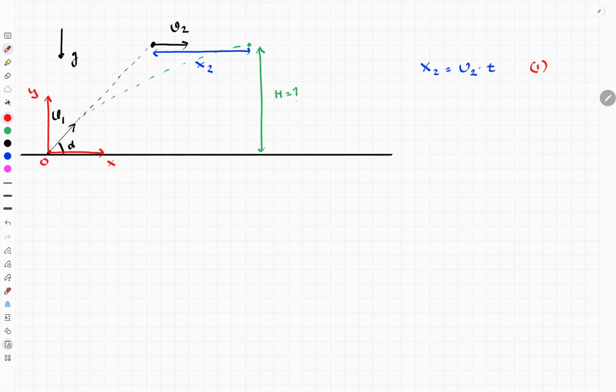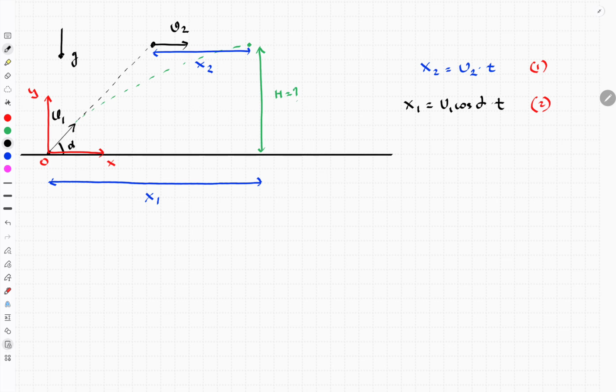Here we have a zero position, for both x and y components. This is a horizontal distance that stone needs to travel. Let's call it x1. And x1, of course, equal to horizontal component of the velocity of the stone, which is always constant, v1 times cosine alpha times time. Let it be equation number 2.